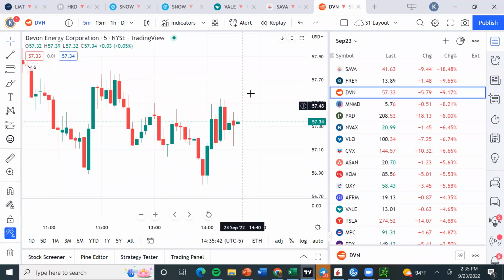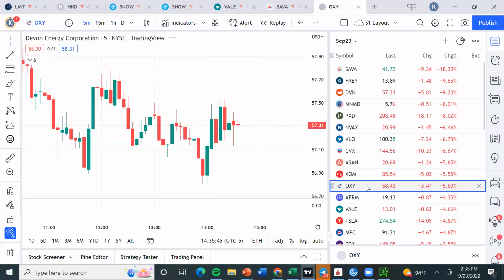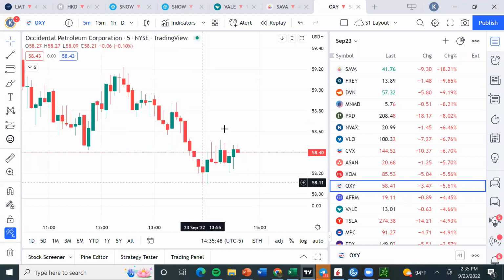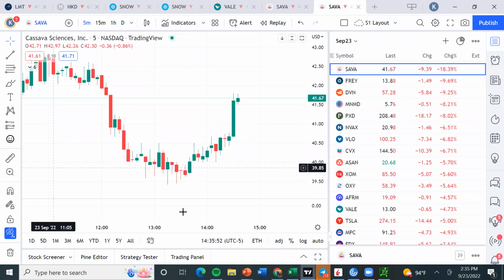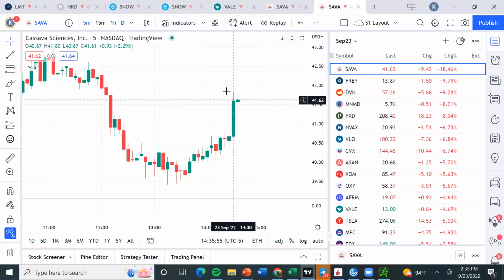So DVN is moving good. We also took Oxy. Oxy is also moving. But yeah, Sava moved so well, and 42 was a resistance. Once it goes to 42 again, it will come down.